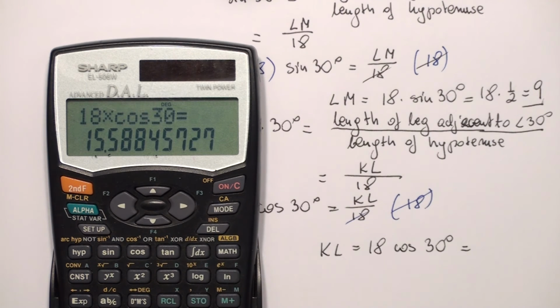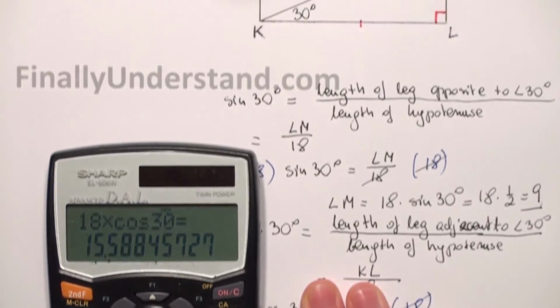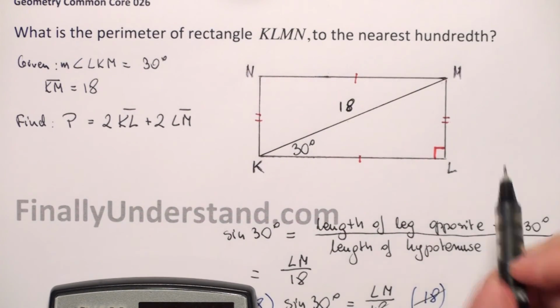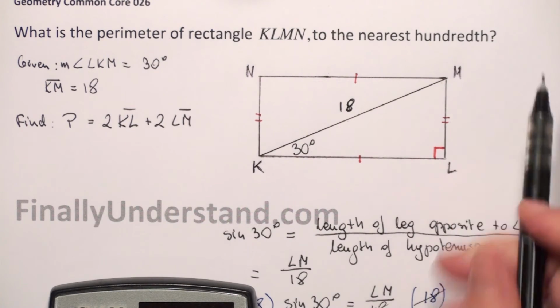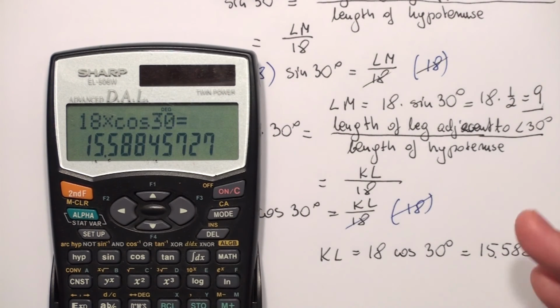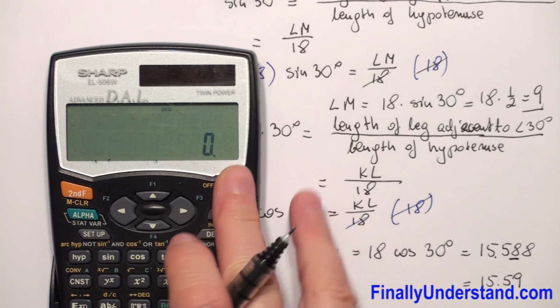So this is equal to 15.588, and because we have to round to the nearest hundredth, we need 3 digits after the decimal point. We underline the hundredth. Because the next digit is greater than 5, we have to add 1 to our underlined digit. So this is equal to 15.59 units.